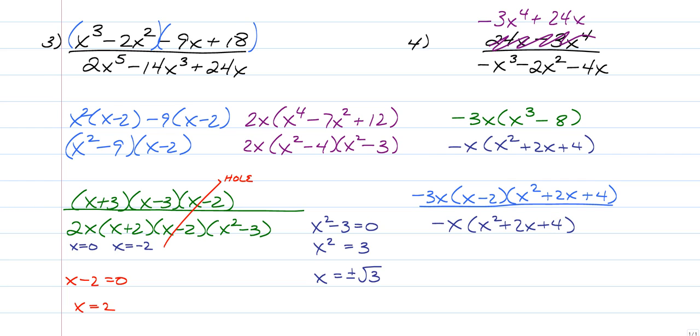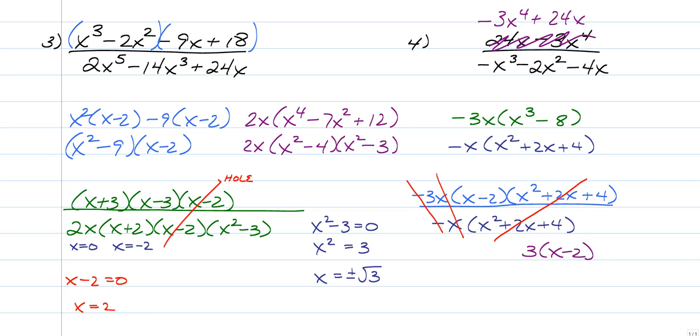And we are ready to see if there's anything that can cancel. So we can cancel, in this situation, our x squared plus 2x plus 4. We can cancel our x's, and we can cancel our negatives. So what is left after all of that is simply 3 times x minus 2.